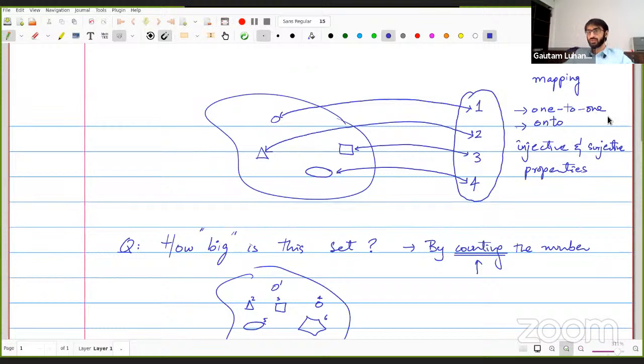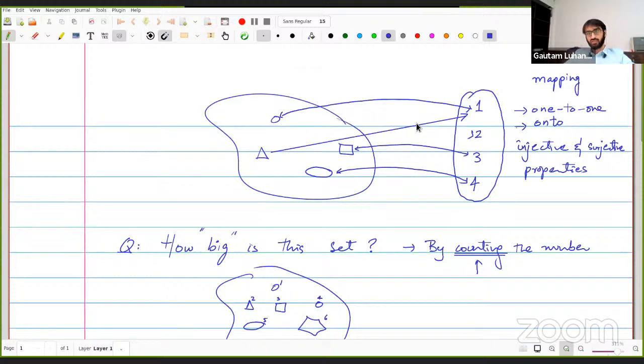By one-to-one, I simply mean that each object is mapped onto one object on the other hand side. So if I create a mapping from, let's say, this triangle to this one, then this mapping is no longer a one-to-one mapping, okay?